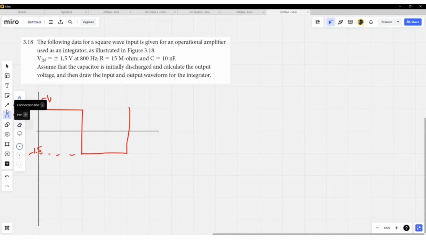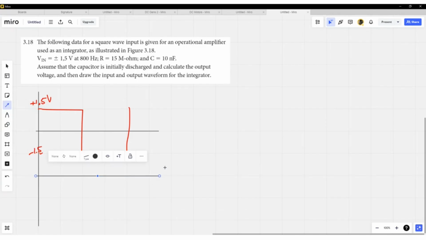Our output, I'm going to plot on another axis. I already know that the output here is going to be negative. Essentially when you're integrating this, the 1.5 volts is the slope of the line that you're going to draw here.